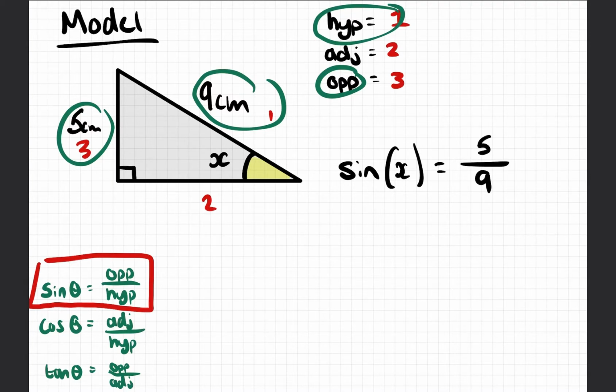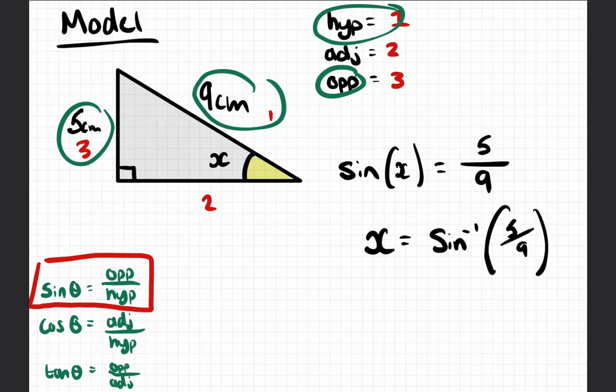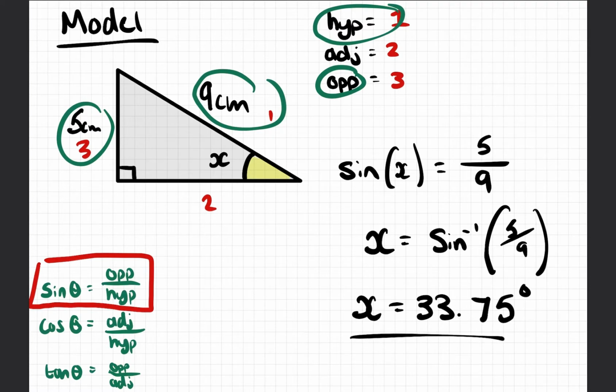So in your calculator now, you're going to write x equals sine to the -1 of 5/9, and therefore sine to the -1 of 5/9 gives us an angle x equals, to 2 decimal places, 33.75 degrees. There you are.